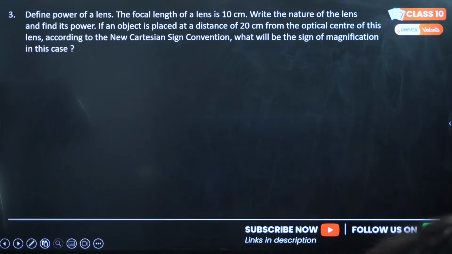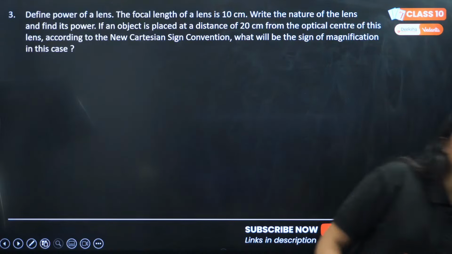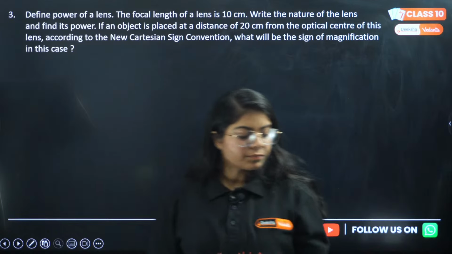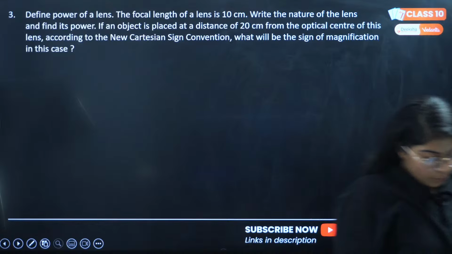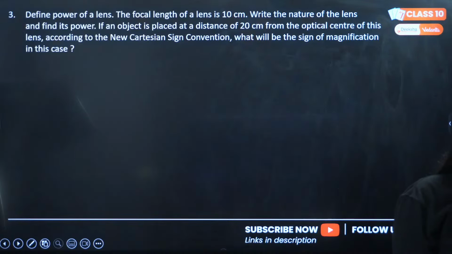Let me know in the chat. What will be the definition of power of a lens? Read it carefully.